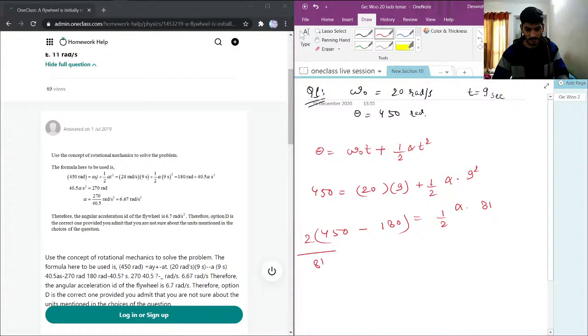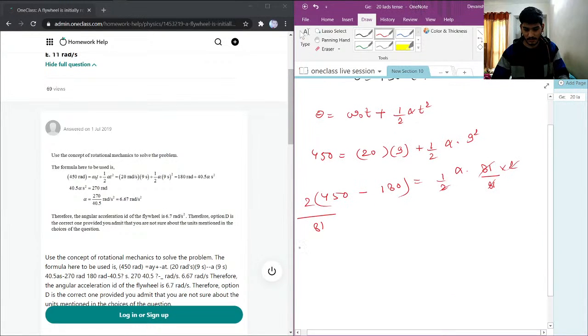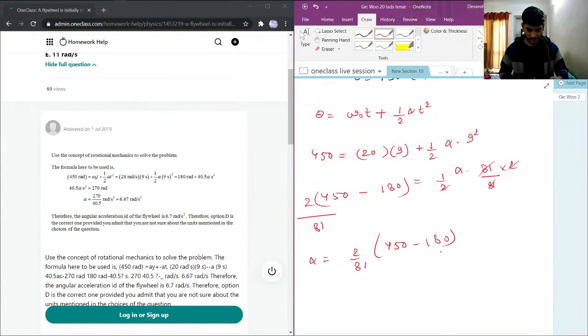Multiply and divide to it, this will be 2 over 81 times 270. So I will just use my calculator for this.